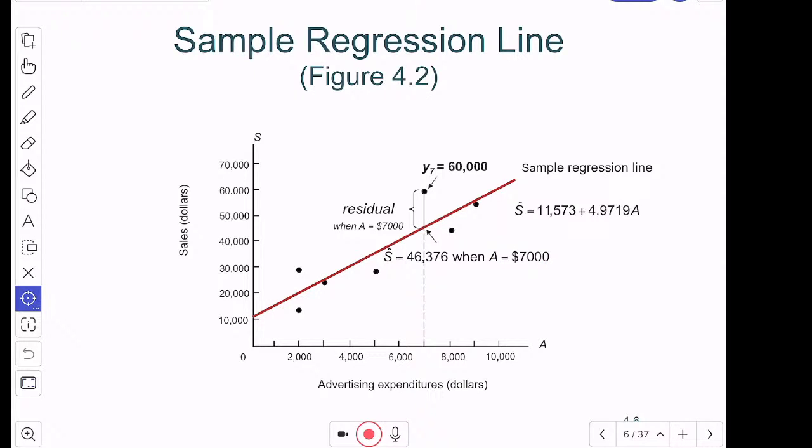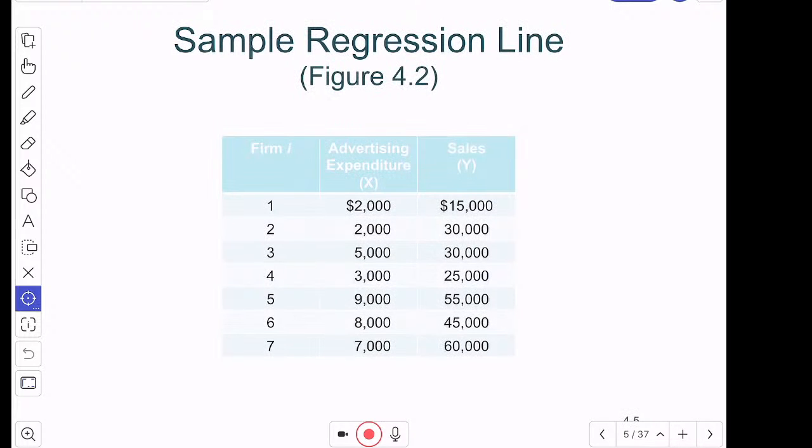But we happen to have a data point for 7,000. If we go back, here we have a data point. So this was data that was collected from either previous years, or we looked at the industry, and we were able to gather information where we saw that at $7,000 spending, on average, sales were $60,000 in the last 5 years, let's say.